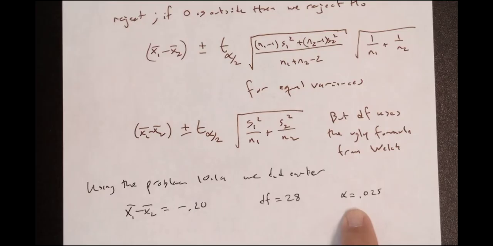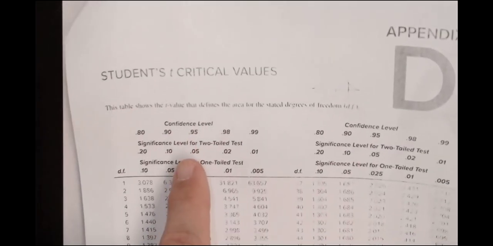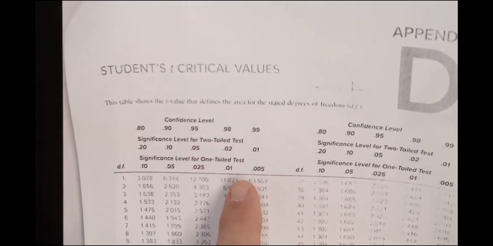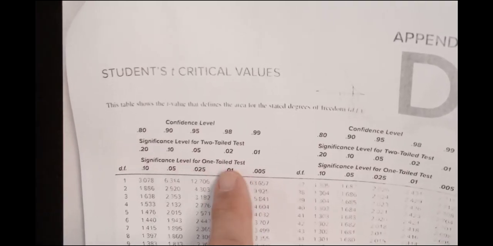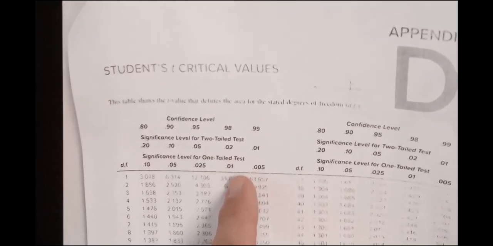Now here's where I cough a minute because I realize what I need is t of alpha over 2, right? And that should be 0.0125. I don't have 0.0125 on my one-tail section. So I'm going to use 0.01 instead. I have to cut it in half. I don't have the exact half. I'm going to go down.